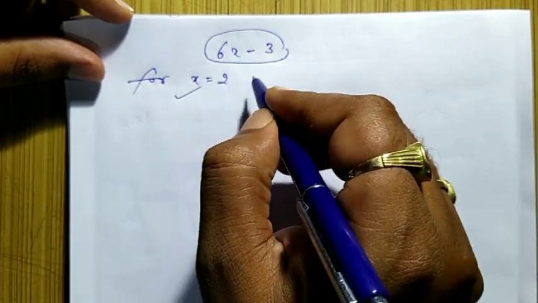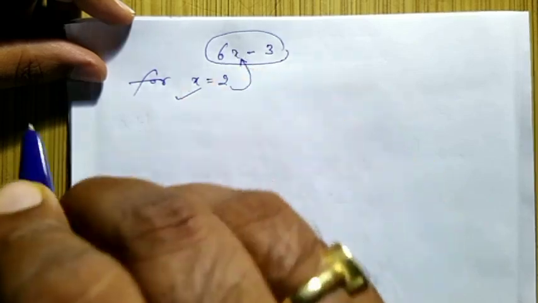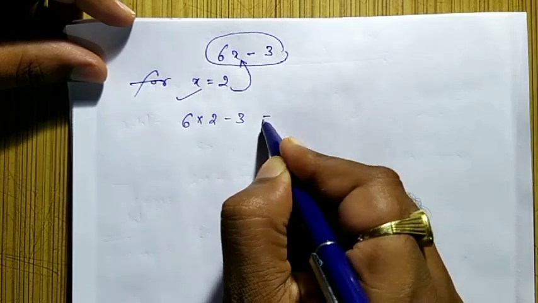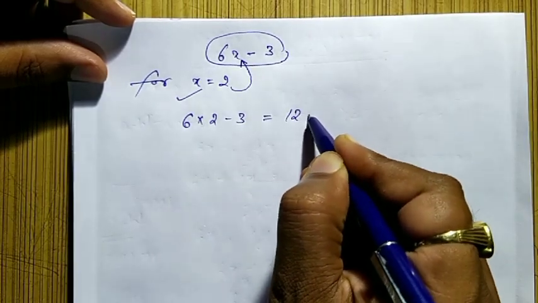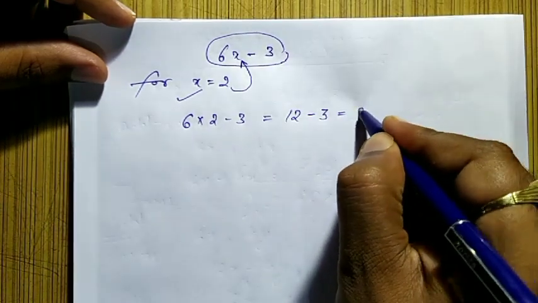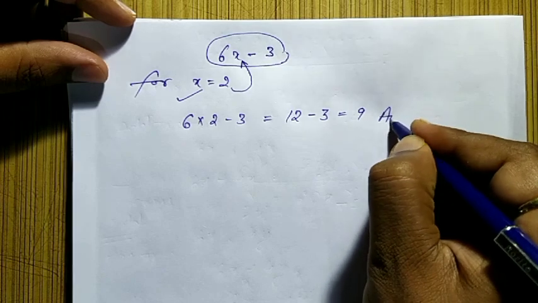It means you have to put the value of x in the expression. So 6 into 2 minus 3 is 12 minus 3, which is equal to 9. So the answer is 9.